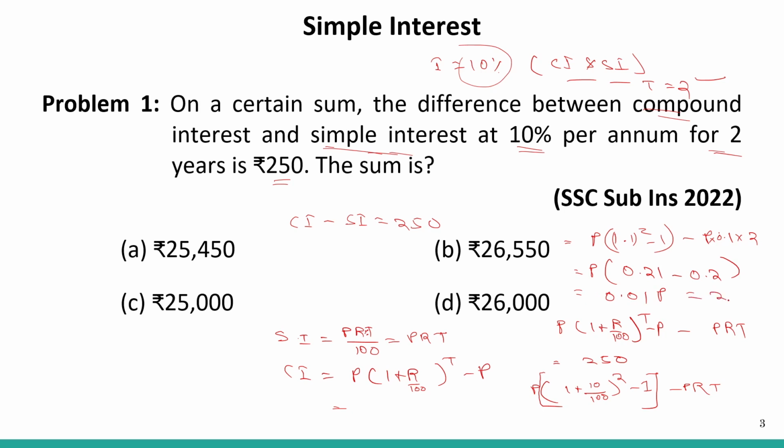This is given as 250, so P is equal to 250 by 0.01, which is 250 into 100, that is 25,000. So 25,000, option C, is the only correct option.